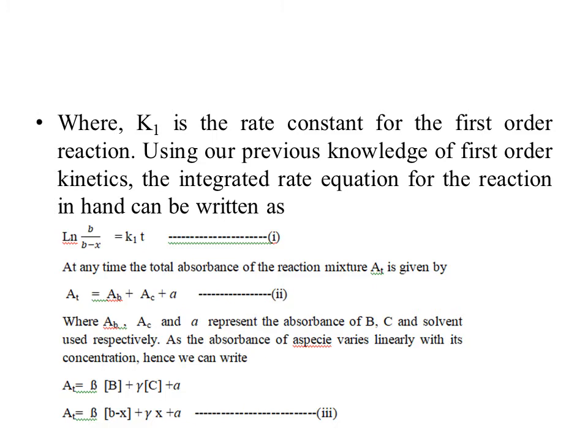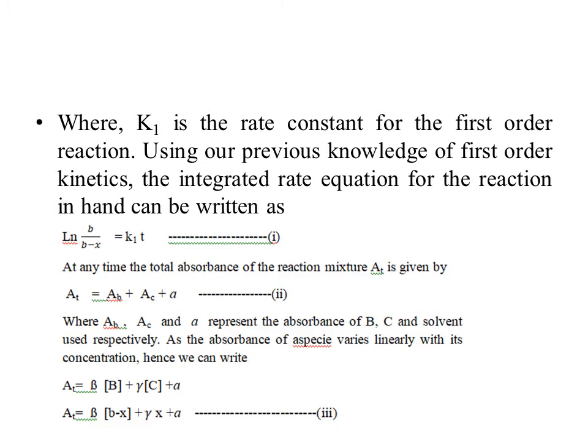As the absorbance of species varies linearly with its concentration, we can write AT is equal to beta into concentration of B plus gamma into concentration of C plus alpha, that is the absorbance of solvent.